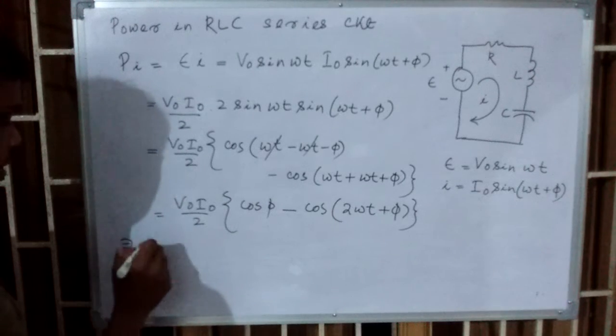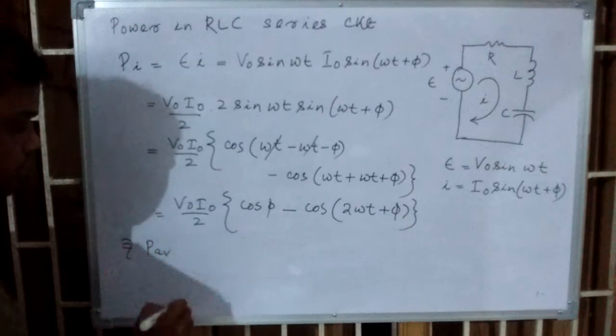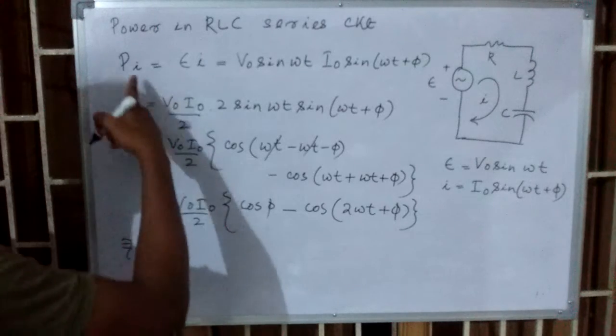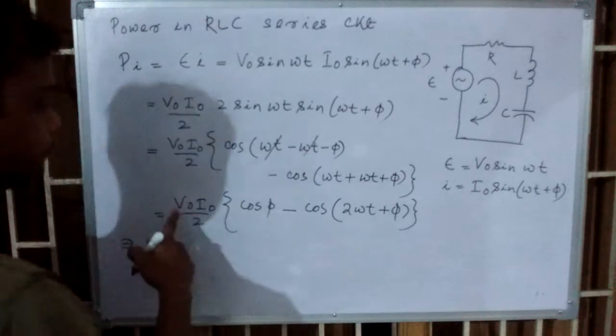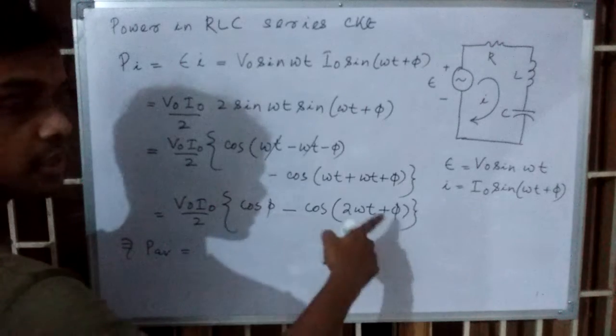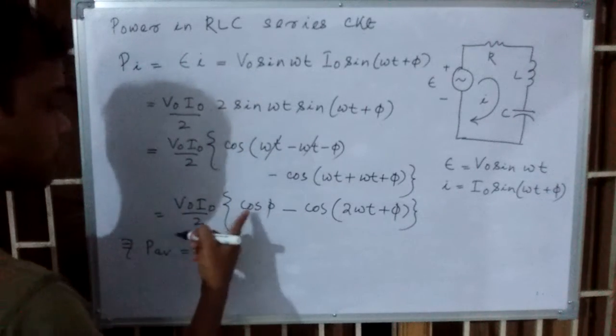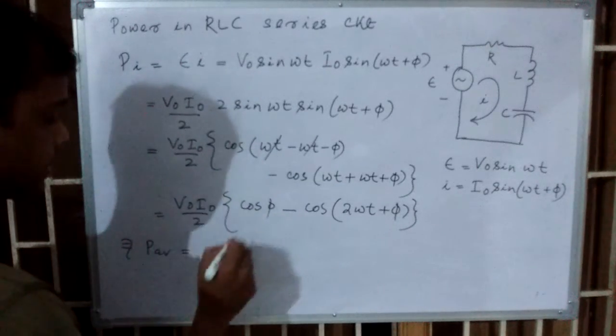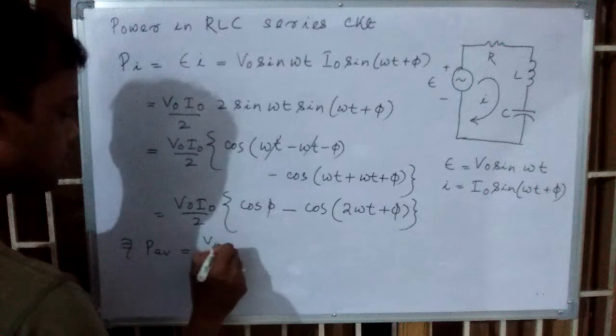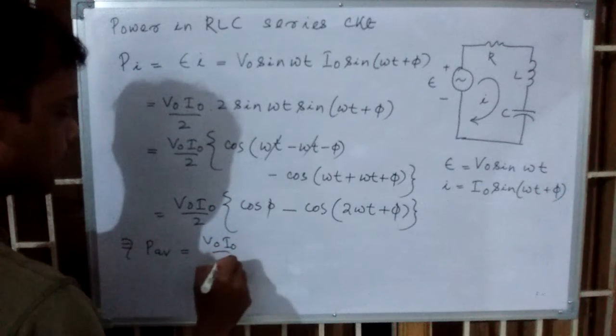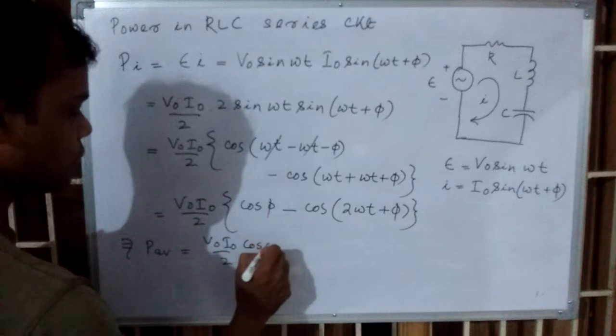This implies average power is equal to the average of this quantity. The first term is V naught I naught by 2 cos phi.